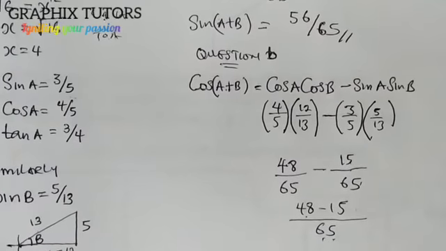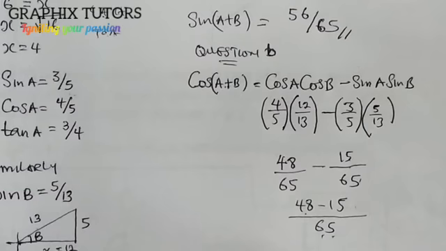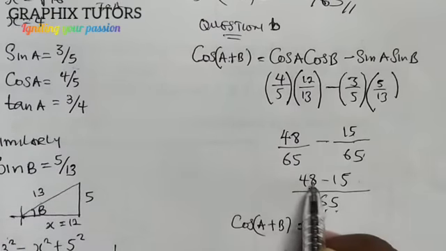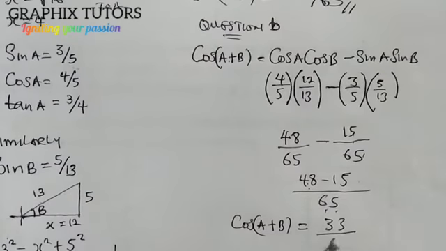So cos A plus B will now give us 33 over 65. So that is our answer here.